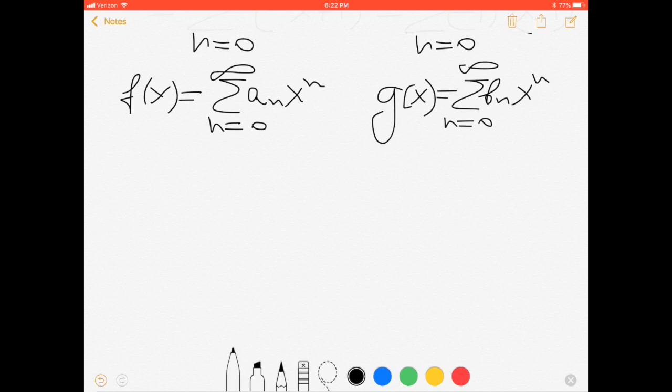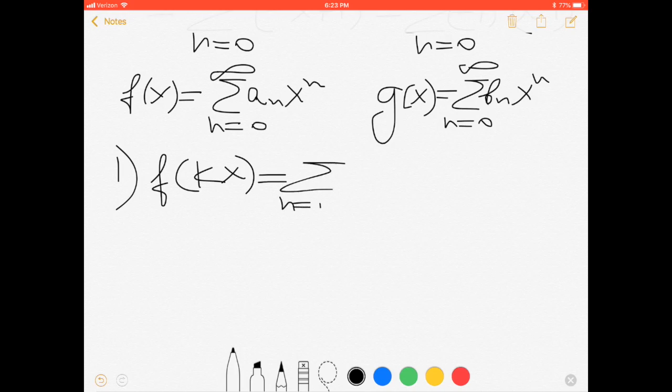First, the power series for f(kx) is the sum from 0 to infinity of a_n k to the power n x to the power n.